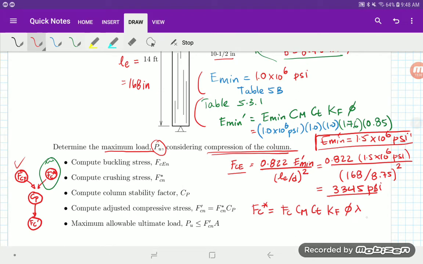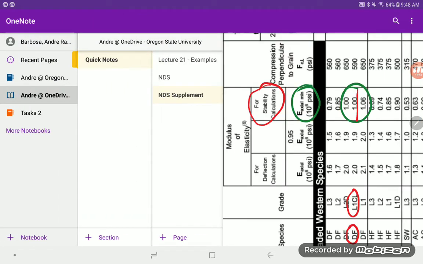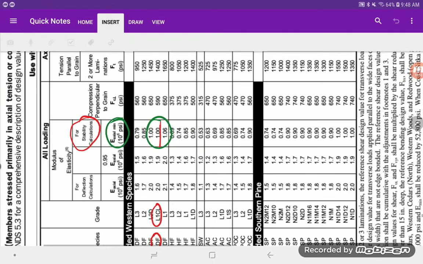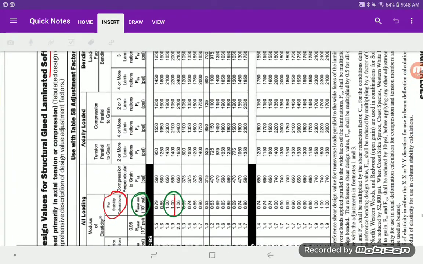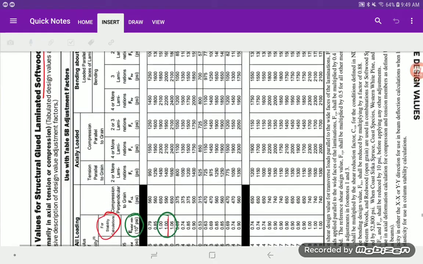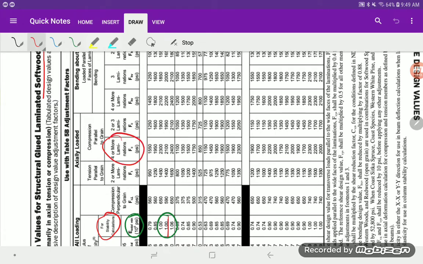If we're going to start with this, F sub C, that's in our NDS supplement. Four or more laminations, and our number is 2100 psi.